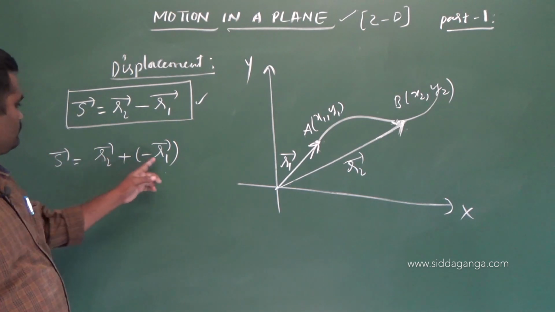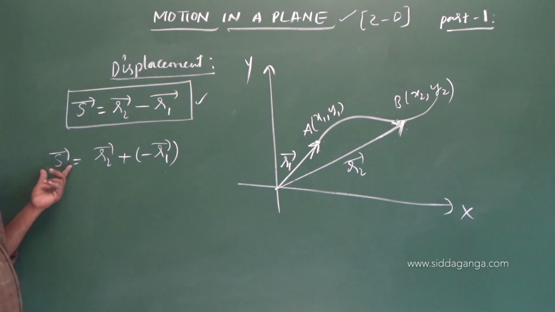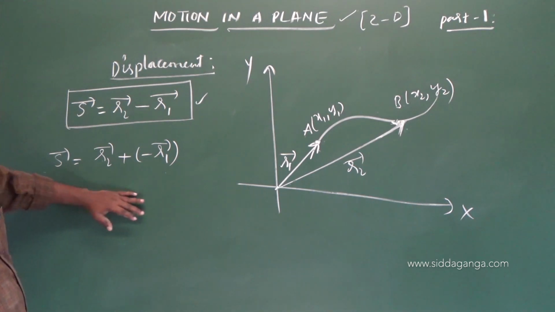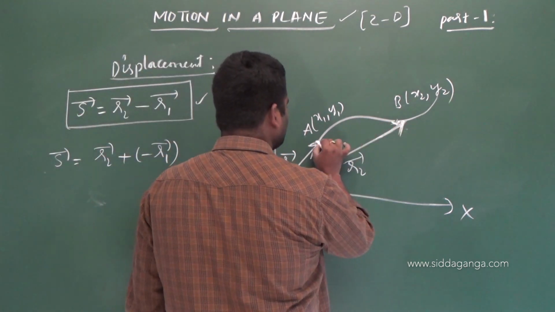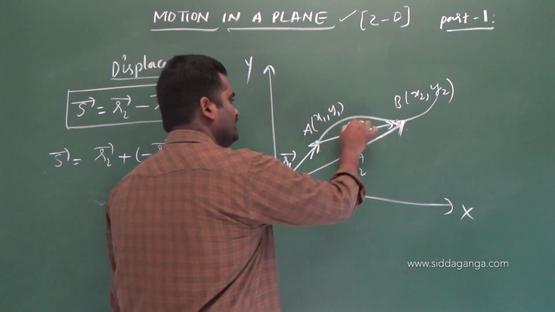Okay, R2 plus of minus R1. This S bar value, the displacement value, if it has travelled from A to B, this is the displacement, the shortest distance you are going to have. This is S bar.